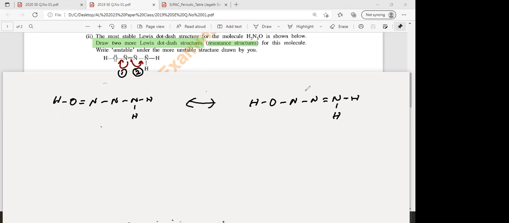Right. So you get here a lone pair on this. You get 2 lone pairs.